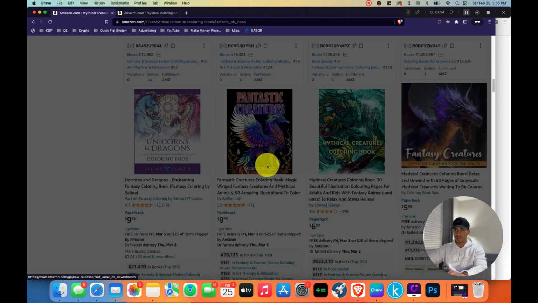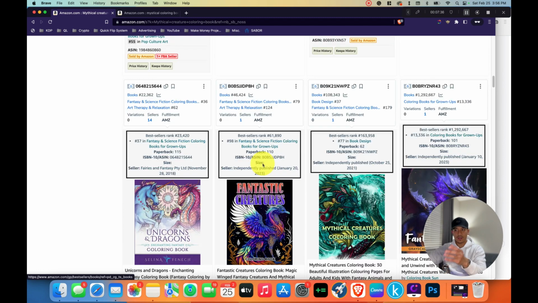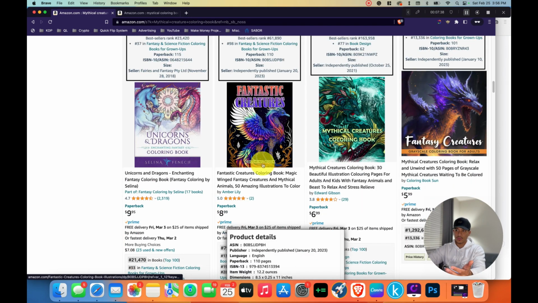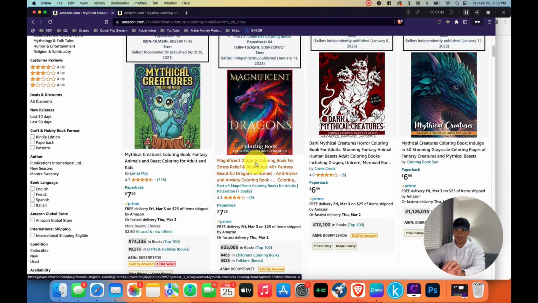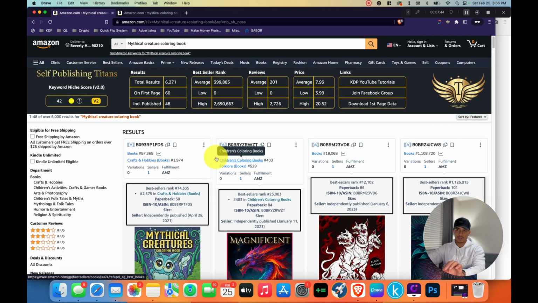So basically, there's a lot of books that are using mythical creatures in its title, which might make it a little bit difficult to get ranked on the first page here, but it's not impossible, especially with the use of ads. So the first thing that I saw is that it has over 6,000 results for this particular keyword. And then the bestseller rank is 399,885 with a keyword niche score of 42.